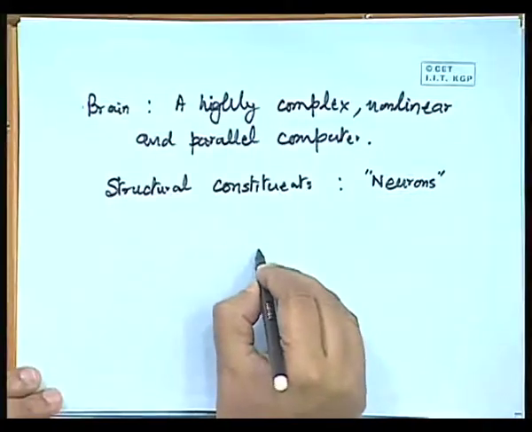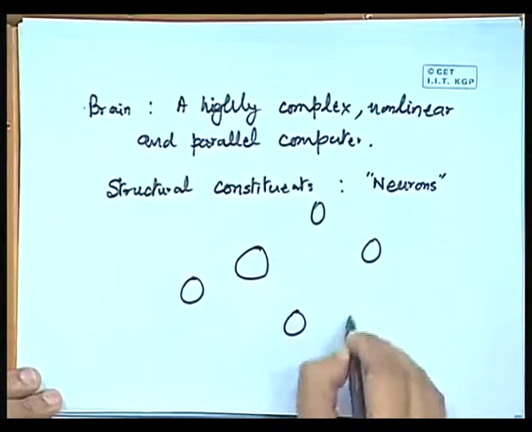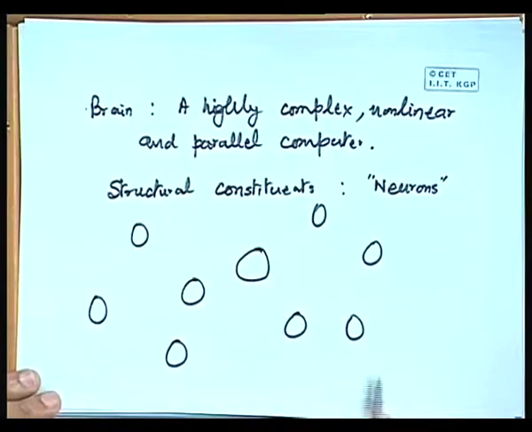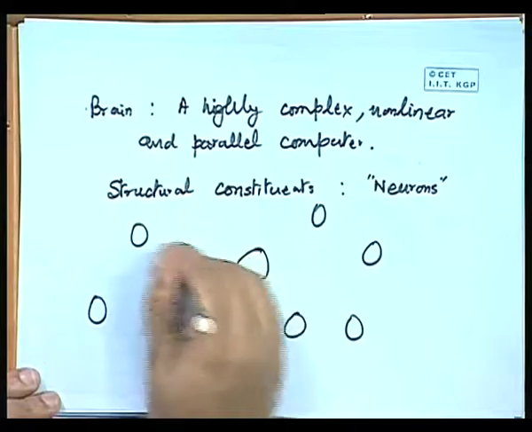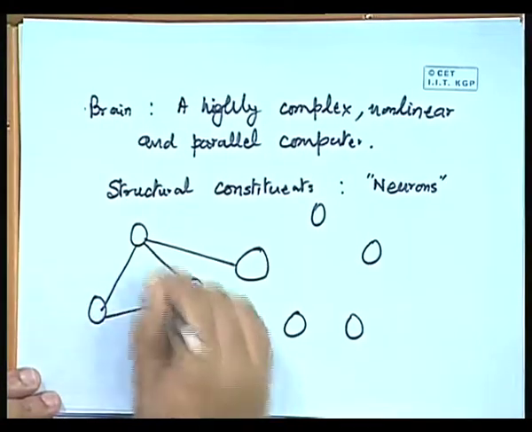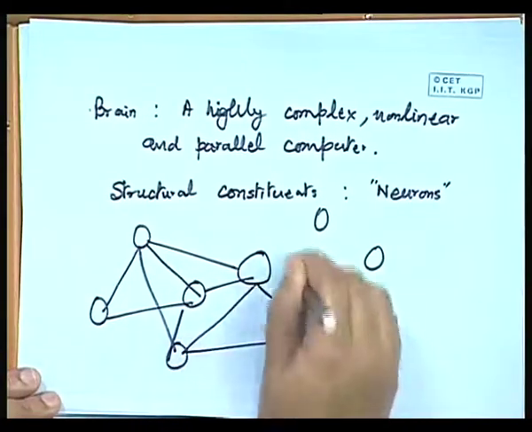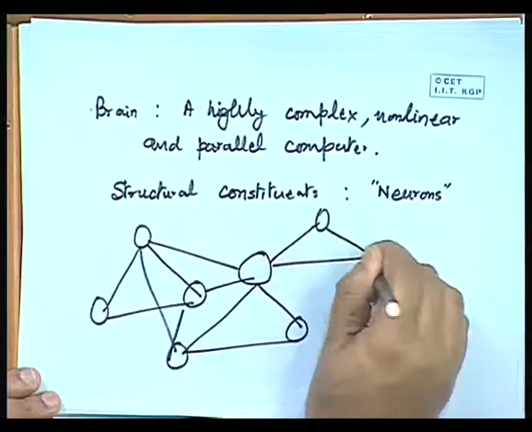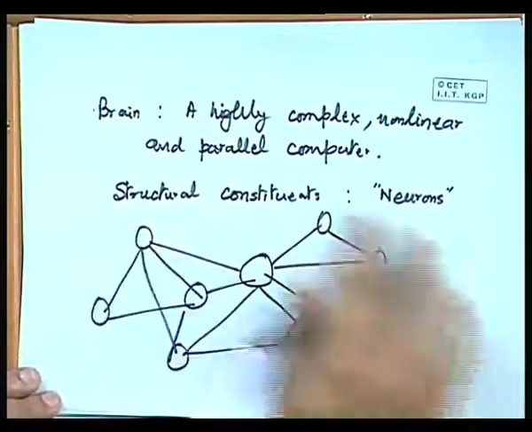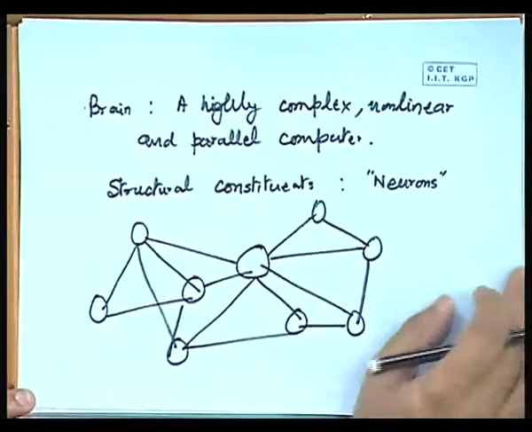If we have a large number of such neurons or nerve cells which carry out the processing, they will be interconnected in a highly complex manner, with connections from one neuron to the other, and that is how a network is realized.